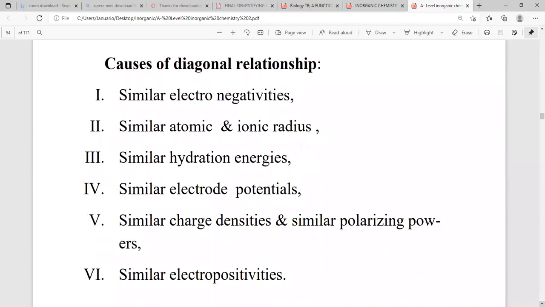Why do we say they are in a diagonal relationship? This is because they possess similar electronegativities. They have similar atomic and ionic radii. They also possess similar hydration energies.